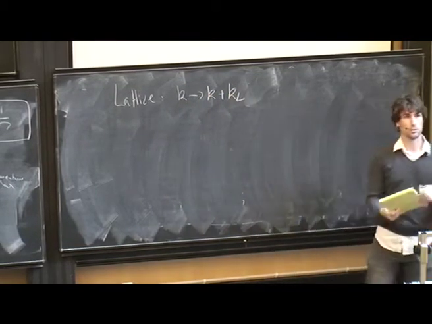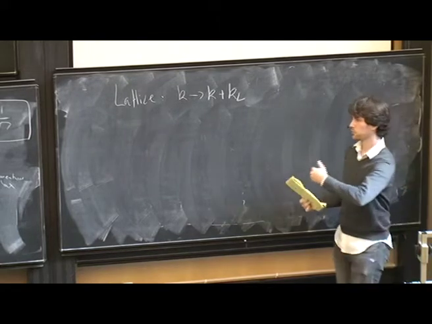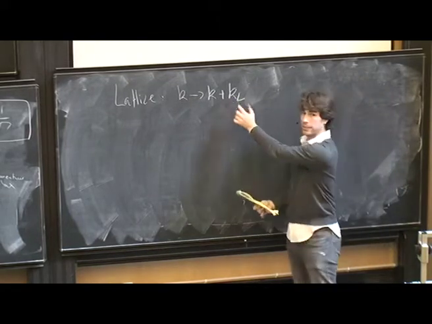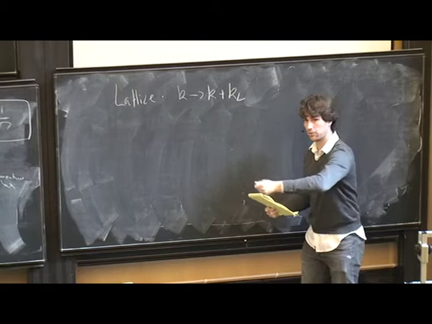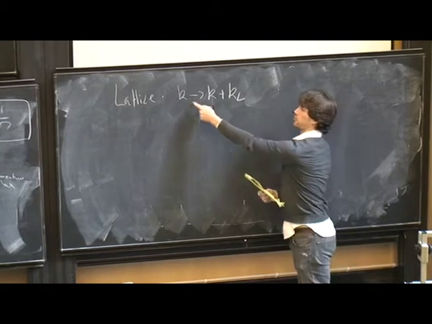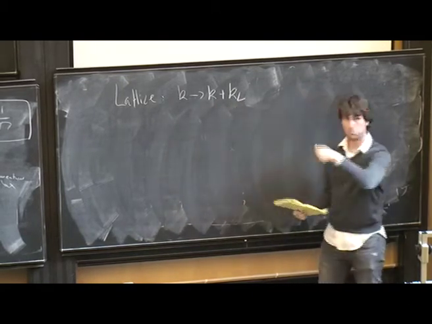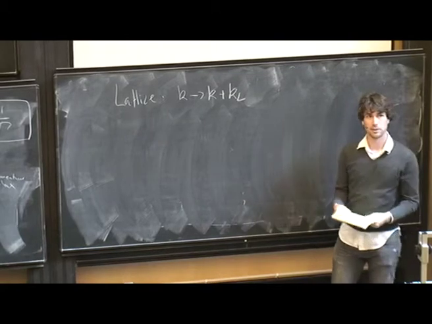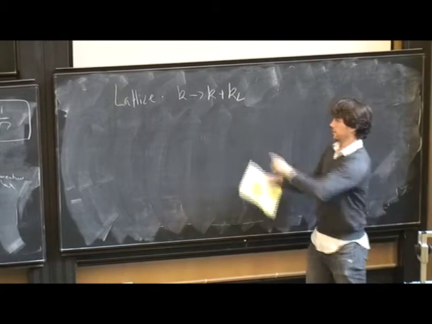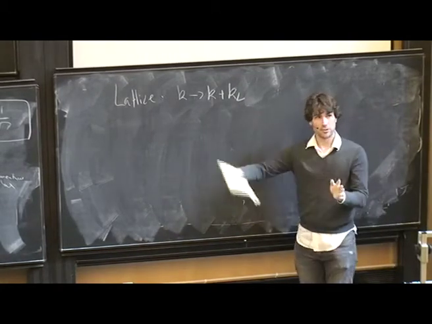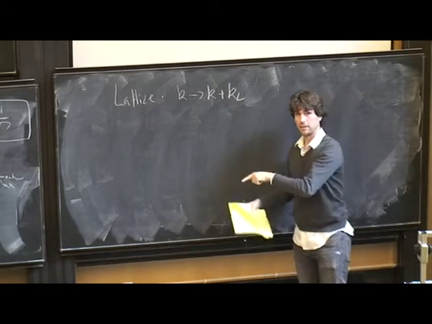So with the lattice, the momentum is conserved up to the lattice wave vector. If you bounce off the lattice, your momentum can change by some multiple of the lattice wave vector. You can prove this because it's still a discrete translation invariance. The lattice is periodic.